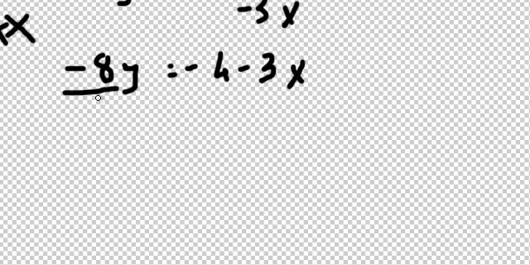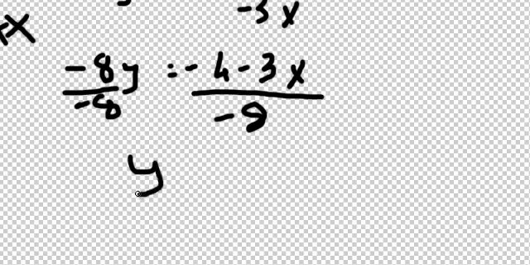You divide by negative 8, the number next to the letter. You divide everything by negative 8. You're going to get y equals, and in order, put the x first: negative over negative, positive 3/8 x, and negative over negative, that's 4 over 8, which is 1/2, reduce your fraction, plus 1/2.